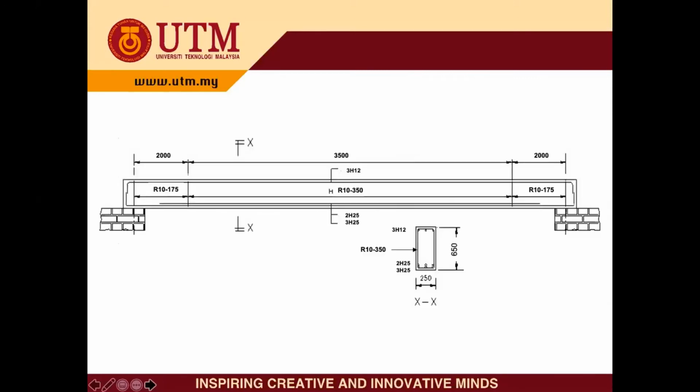Lastly you need to draw the detailing. The detailing must show the link and also the flexural steel, compression and tension steel, and also the cross section that shows the link and also the tension and compression.